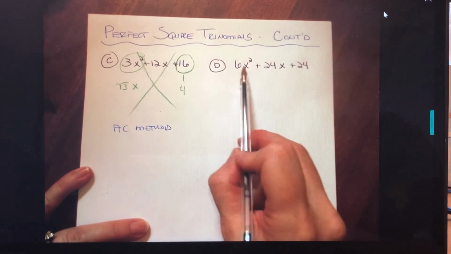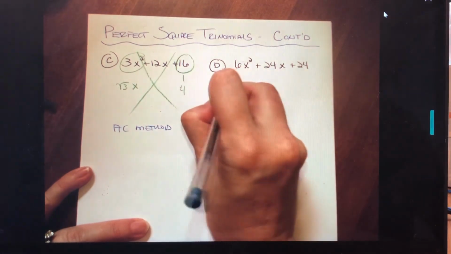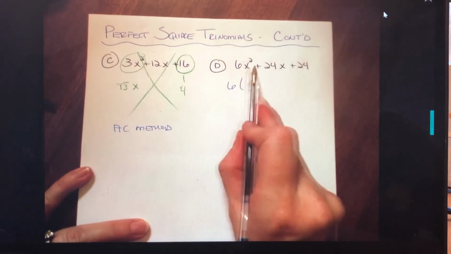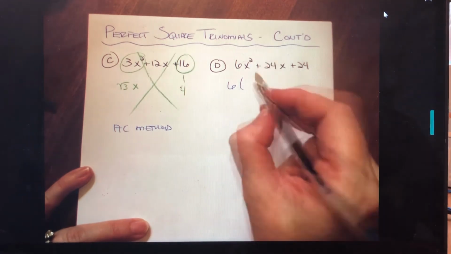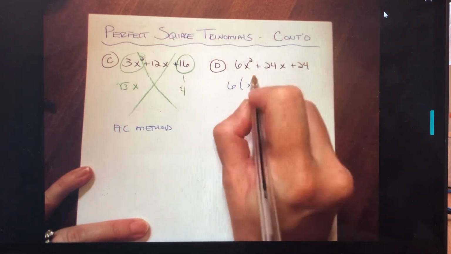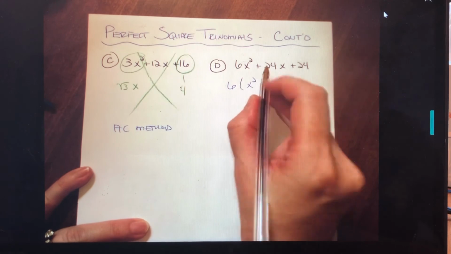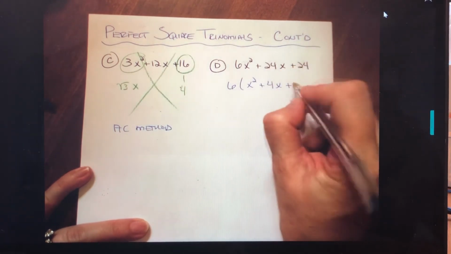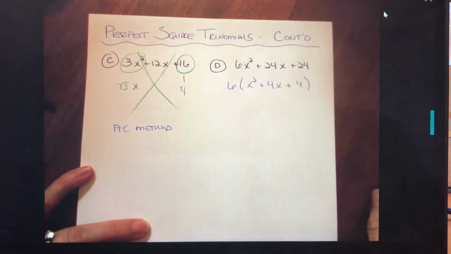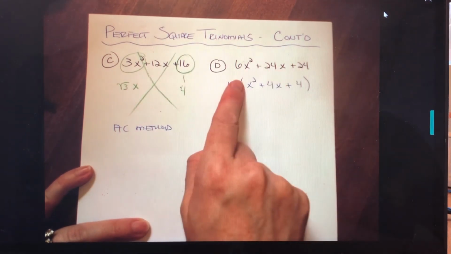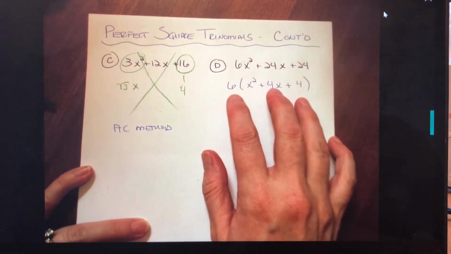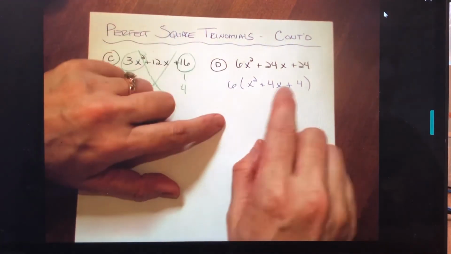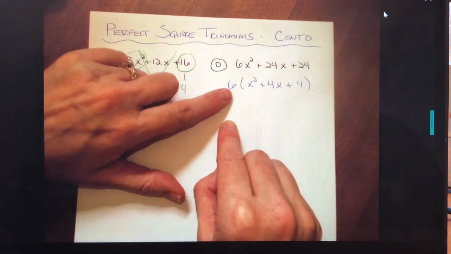And I notice I can pull a 6 out of all of these. So if I factor out that 6, which is the same as if I were to divide each of these terms by 6 and then leave what remains, there's an x squared in the first term. If I divide that by 6, I'm left with 4x. And if I divide that by 6, I'm left with 4. So if you take the opportunity to pull out that GCF, you realize that this is now the trinomial that you want to go factor. And the 6 will hang along for the ride.